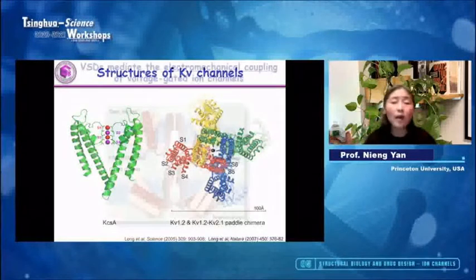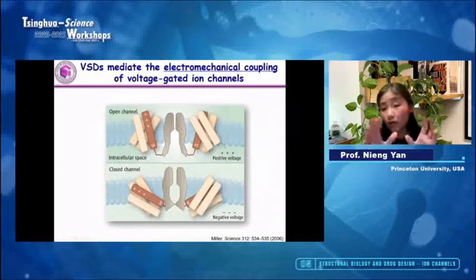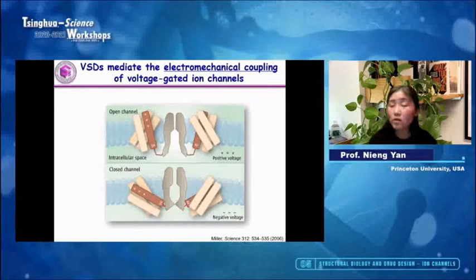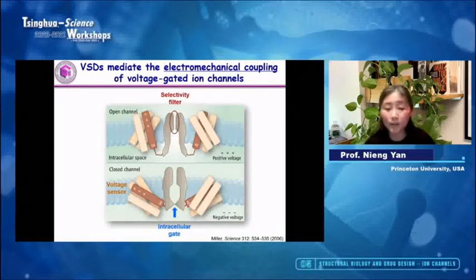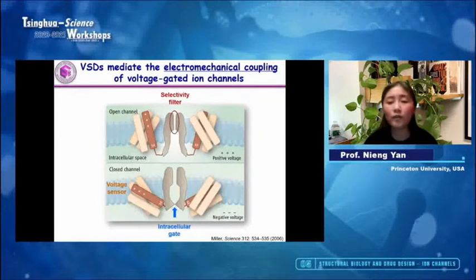Now, just to summarize, a voltage-gated ion channel requires at least three elements. You need a selective filter to discriminate different ions. You need the intracellular gate, or activation gate, to control the opening or closure of the channel. And you need a voltage sensor to detect the membrane potential change. These are the three elements, but the details are different in different types of channels.